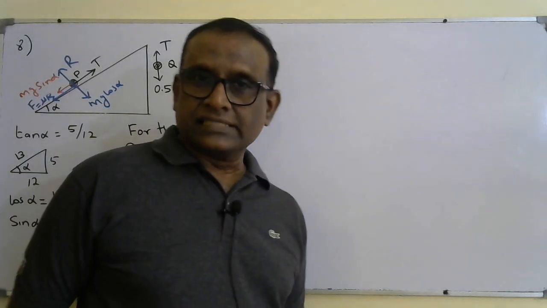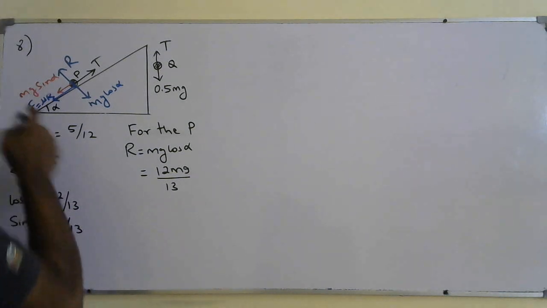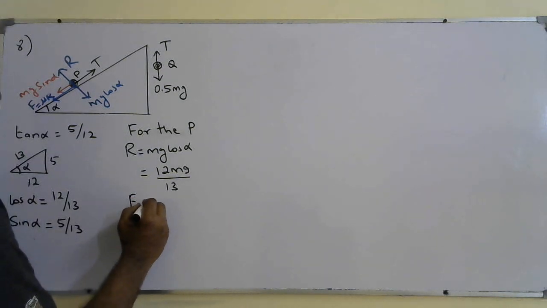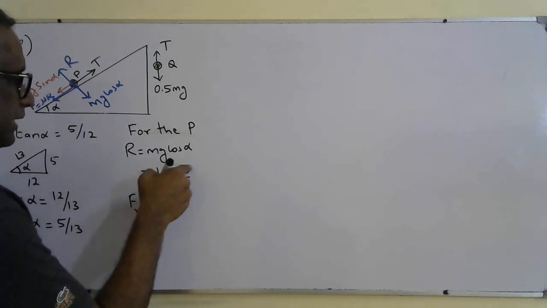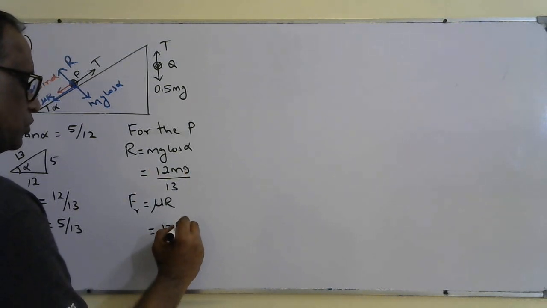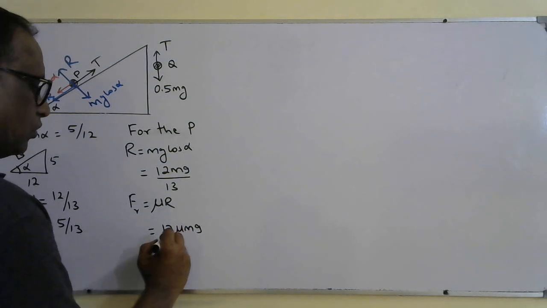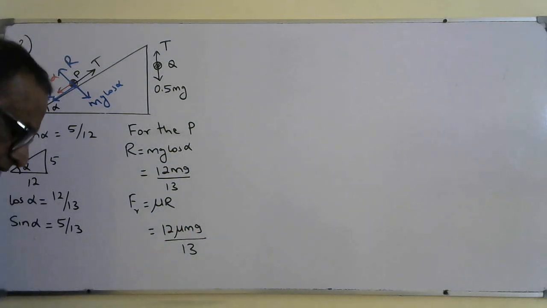So how much will be the friction? The friction force Fr is going to be mu R, that is mu into 12 mg over 13, so 12 mu mg over 13 is the friction.